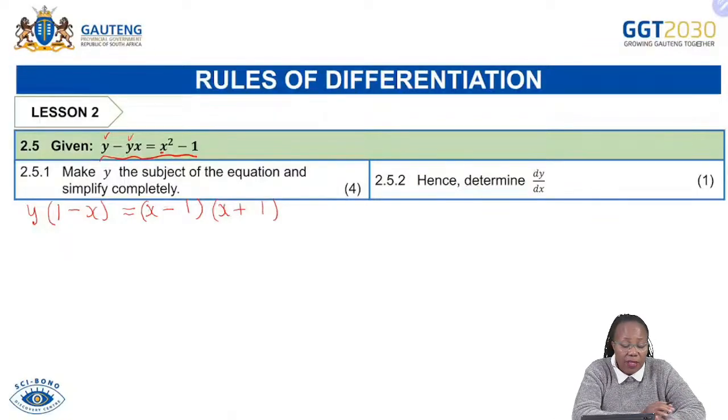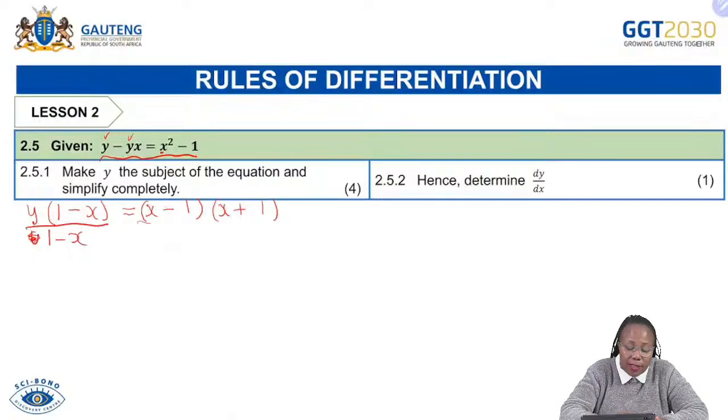Okay. And then after factorization, now you can see that you divide by 1 minus x this side, and also 1 minus x that side. 1 minus x will cancel that one. And then on top, we are having x minus 1 with the x plus 1.